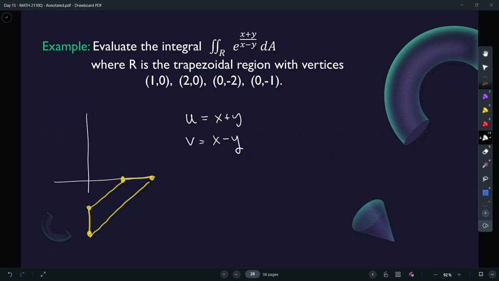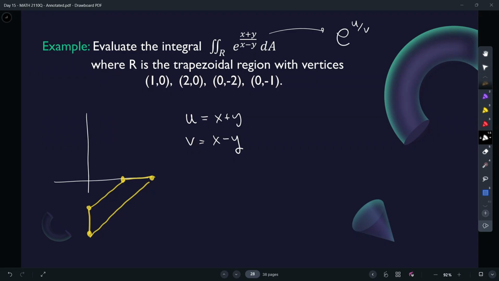So if I transform this function, at the end of the day it is going to be e to the u over v, which I can integrate with respect to u, and I can integrate with respect to v, hopefully. So that is the integral that I would like to do, and you have to figure out how to do this transformation correctly.